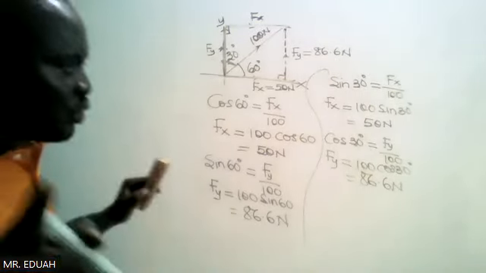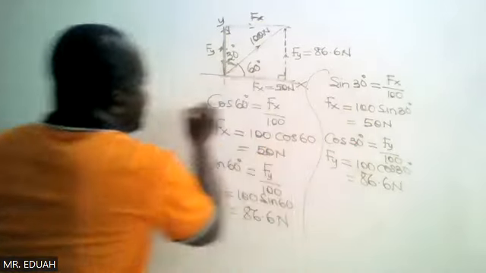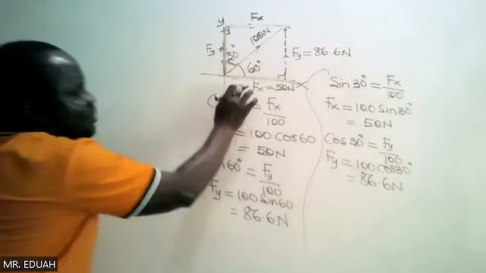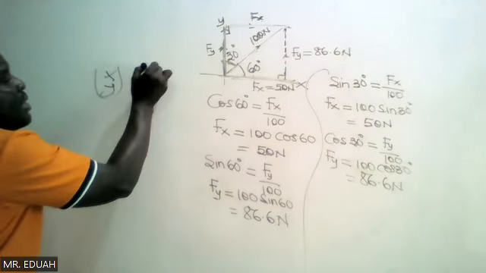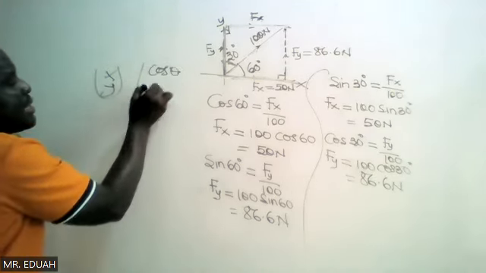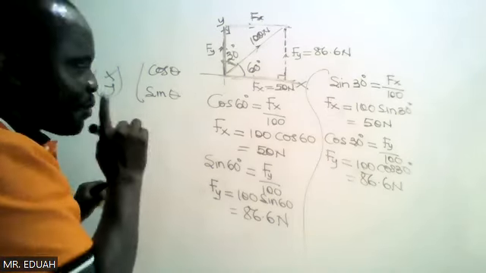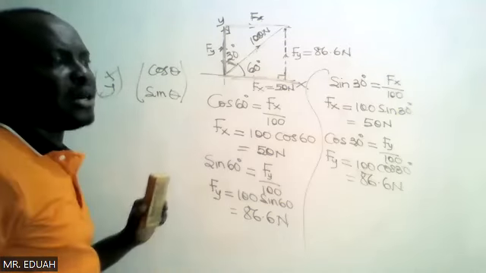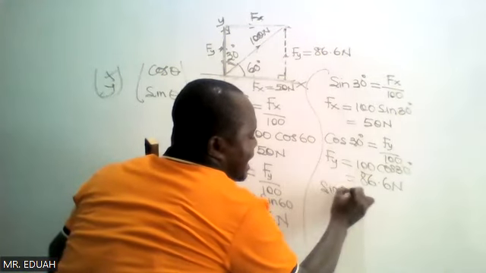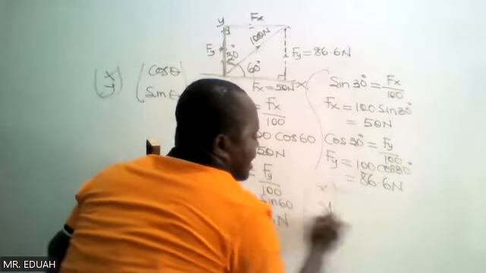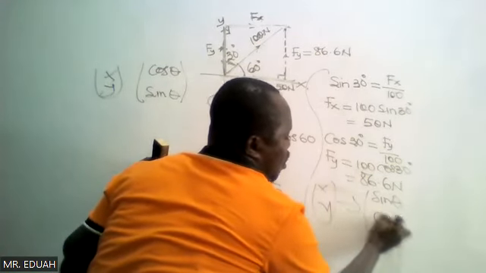But the rule is that if you are resolving a vector into components and you are using the angle it makes with the x-axis, the components x, y become cos theta, sine theta. And if you're resolving with the angle it makes with the y-axis, the x component becomes sine, whereas the y component becomes cos.